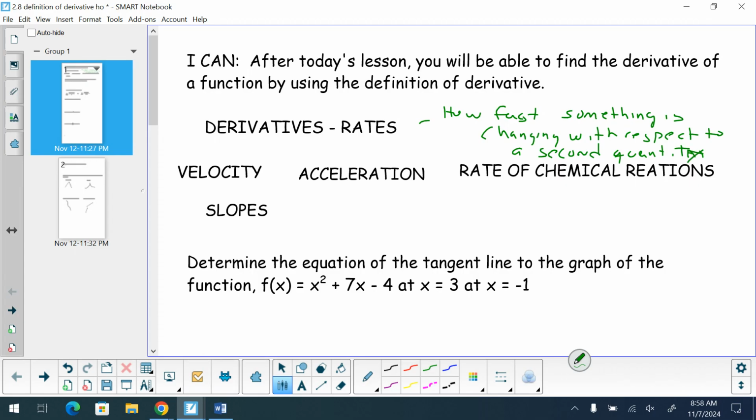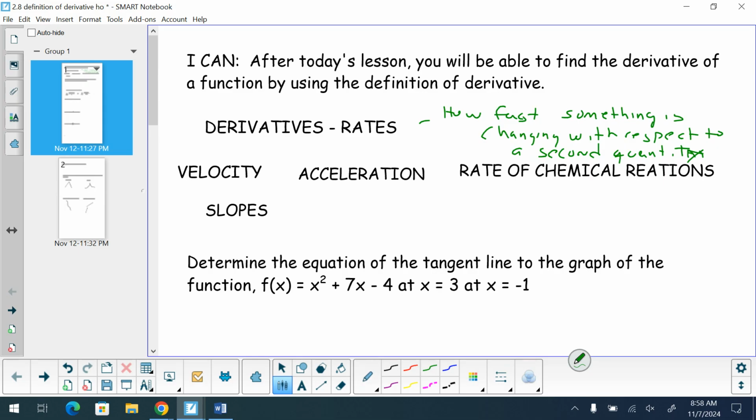How fast or slow something is changing with respect to another quantity. Okay, so you're looking at two quantities that are changing here, and how fast or how slow, or at what rate, one thing is changing with respect to a second quantity.